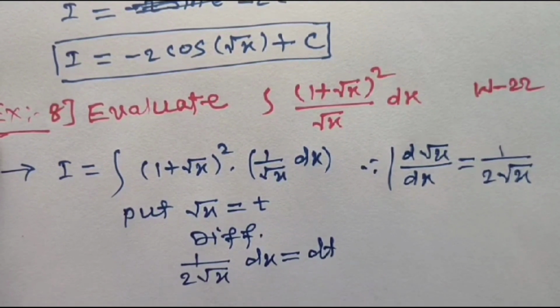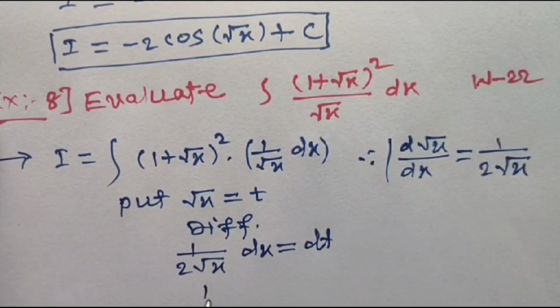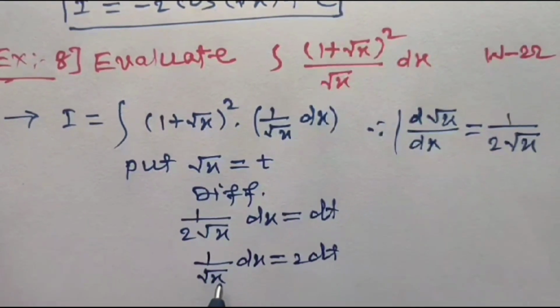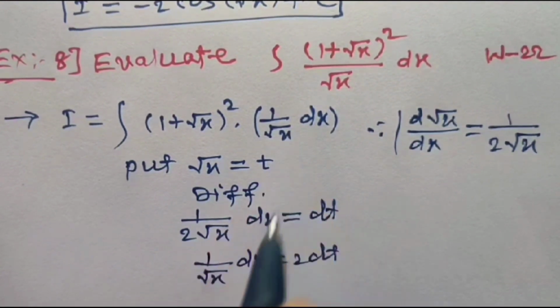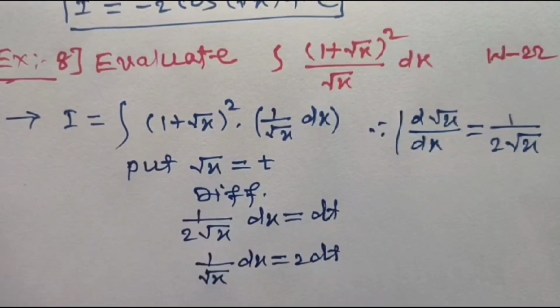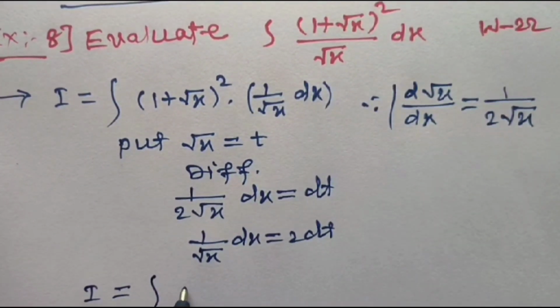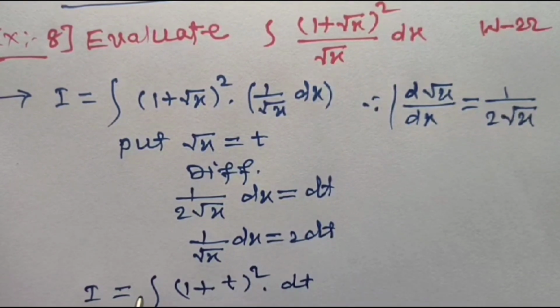Take this 2 on the right hand side. Hence, 1 upon root x dx is equal to 2 dt. Now put 1 upon root x dx equal to 2 dt here and root x equal to t here. Hence, I is equal to, we can write, 1 plus t square dt and 2 dt.